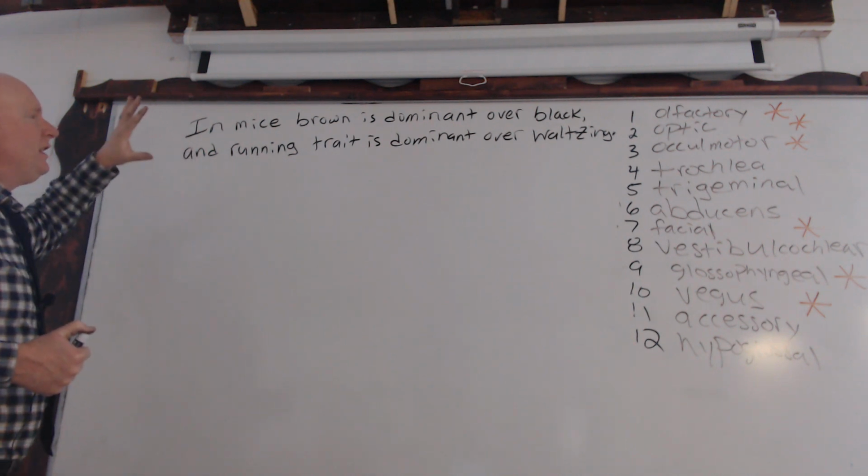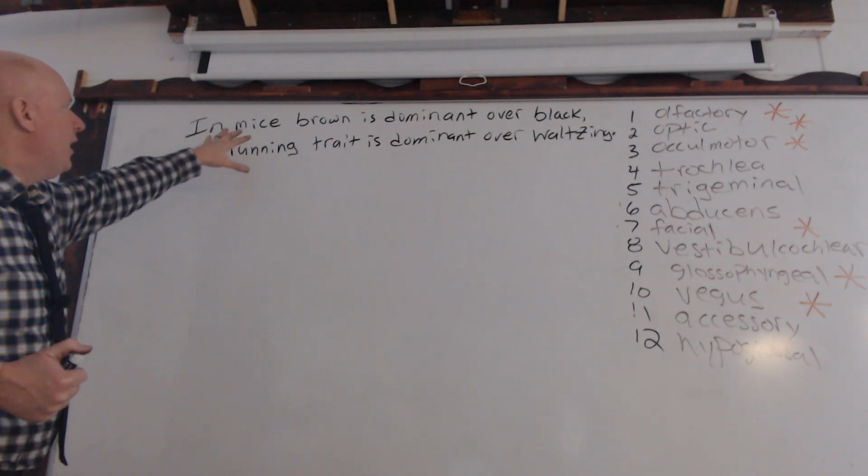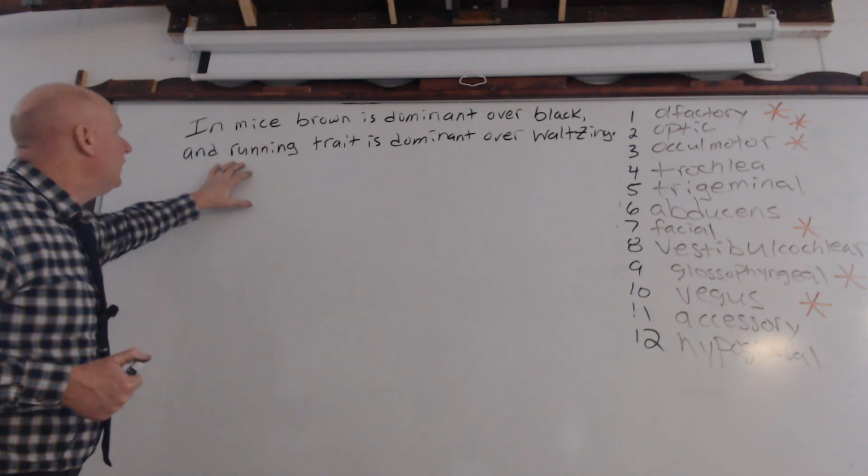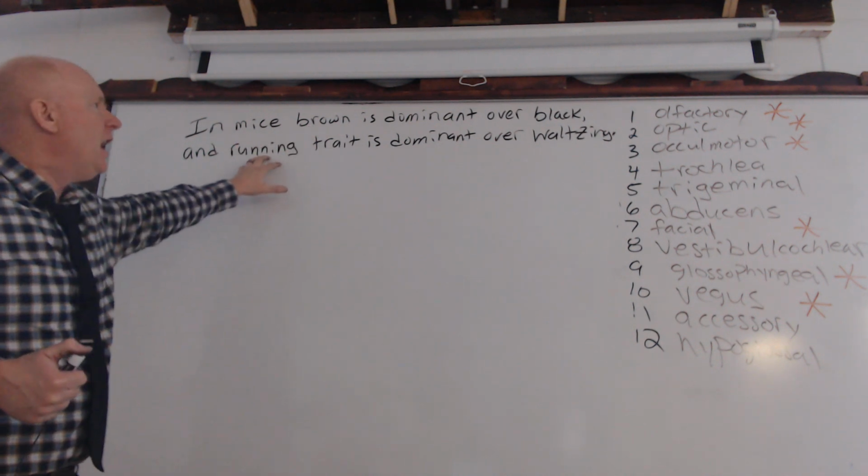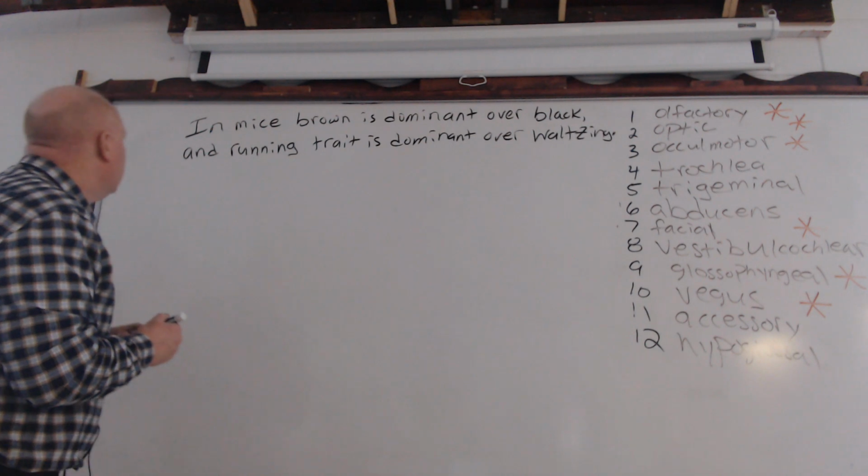So what we see happening here, we've got our two traits. Brown is dominant over black. Running is dominant over waltzing. Okay?